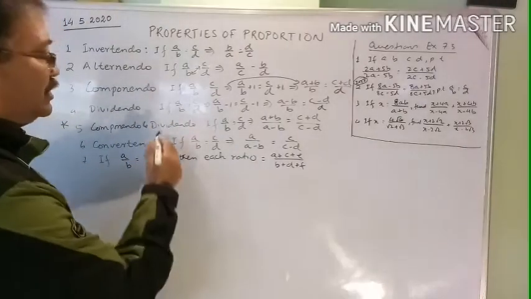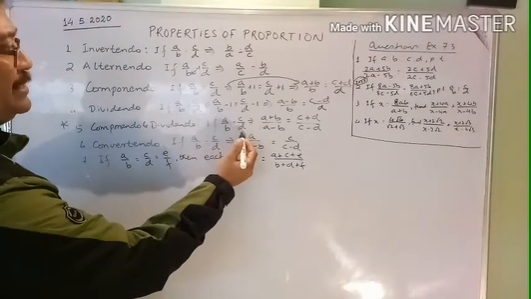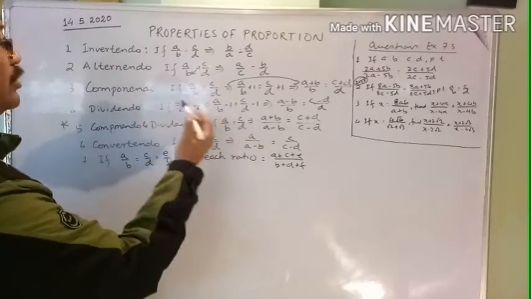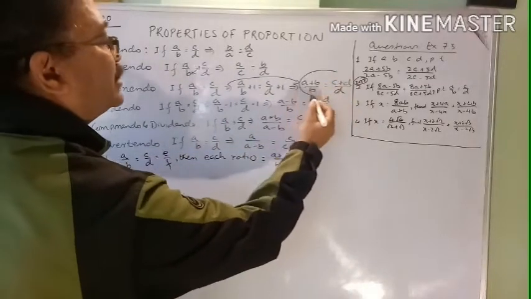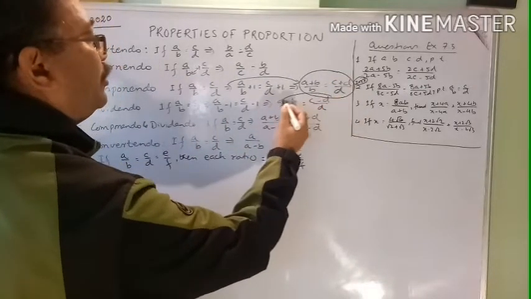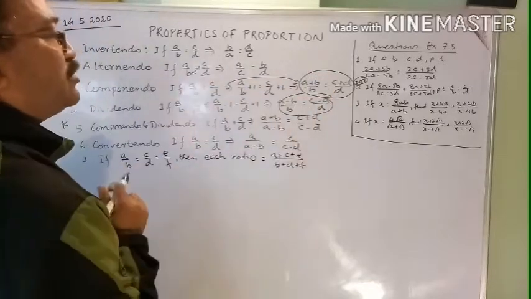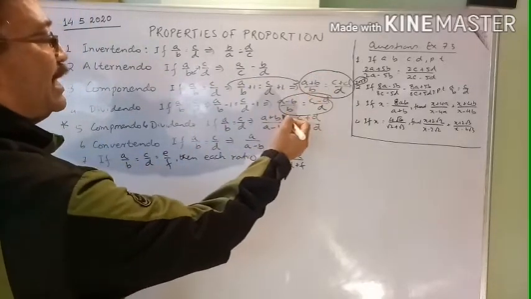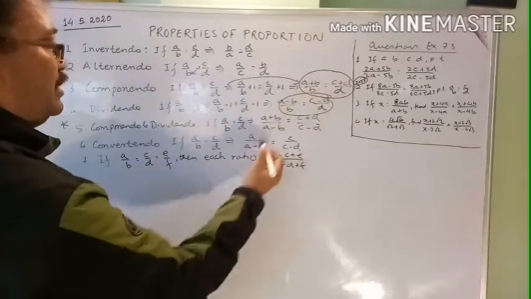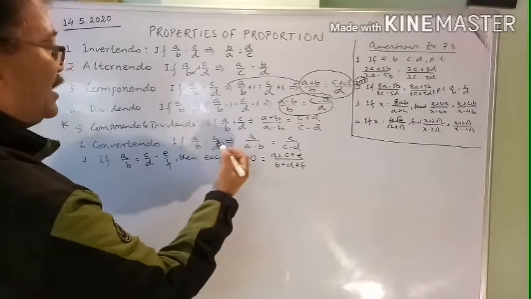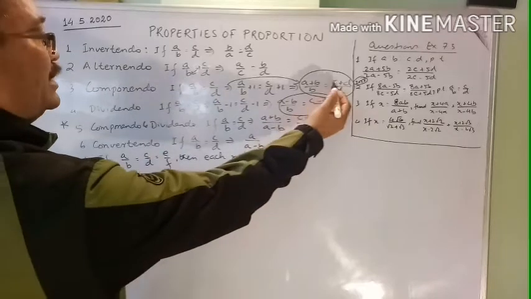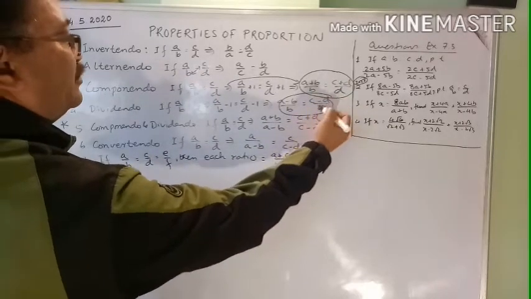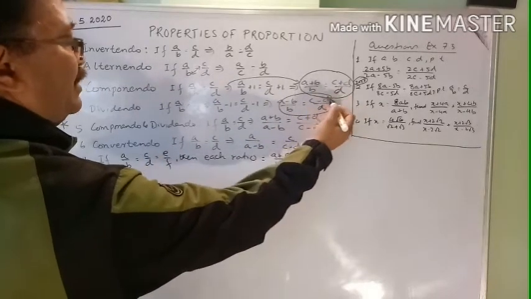If A by B equal to C by D, then combining these two, if we divide componendo by dividendo, what do we get? B and B will get cancelled. You get A plus B by A minus B, and C plus D by C minus D, because D will get cancelled.